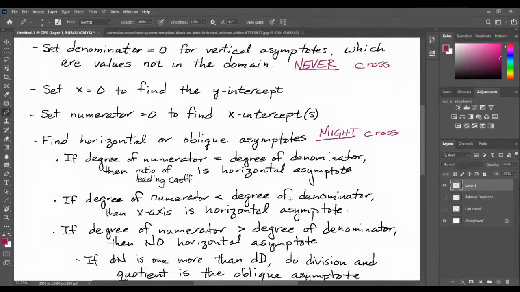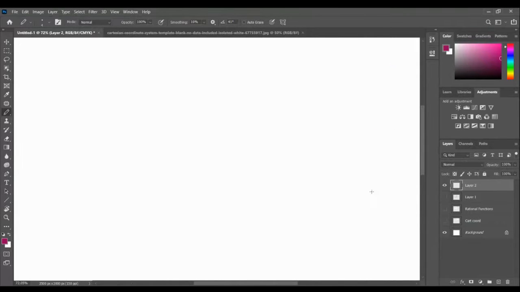So let's go ahead and try one. I think that would be a good idea. We'll follow those steps. All right, say our function is g of x equals 2x squared plus 1 over x squared.